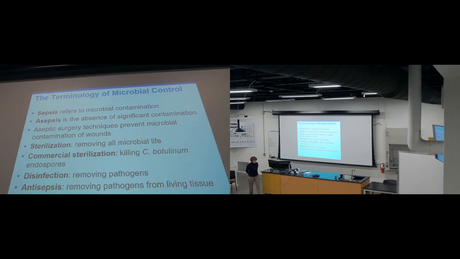And then we have a type of sterilization that is used to sterilize the foods that we consume, like in the case of cans. This is called commercial sterilization.